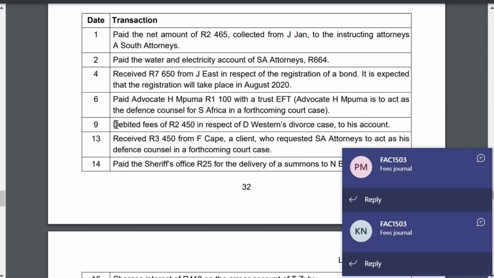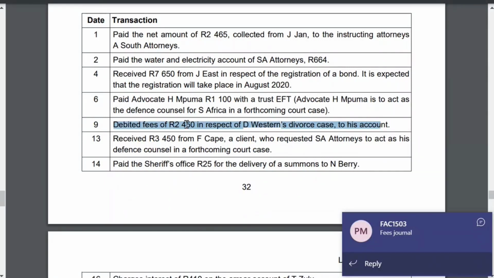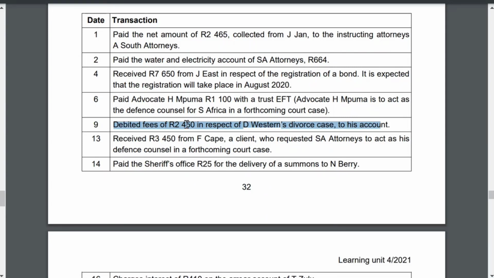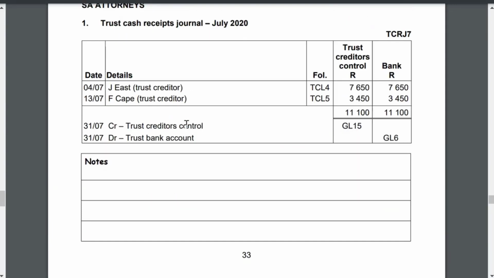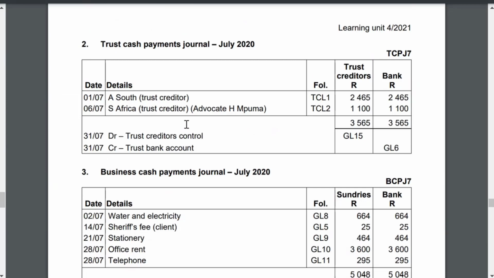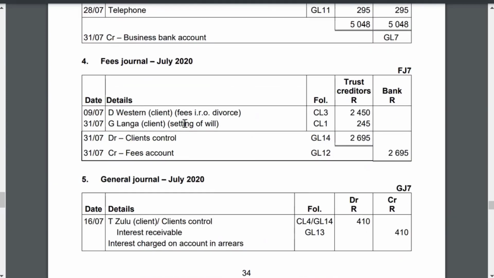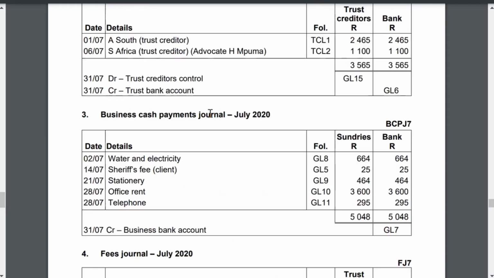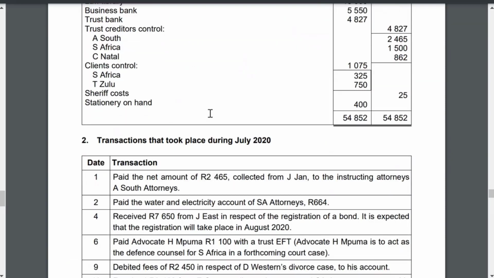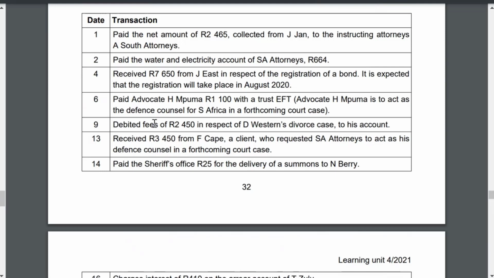Guys, when an attorney's practice invoices their client for work performed, this will be recorded in your fees journal. Well done, guys. This will be recorded in the fees journal. This is it. Can you see? 2,450. This is correct. Well done.